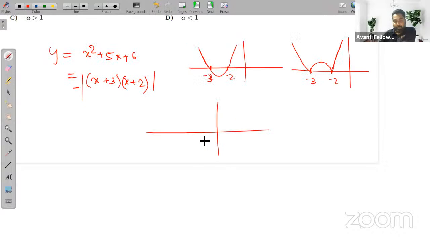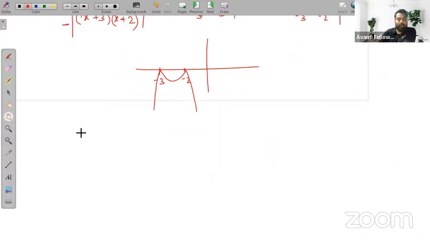Minus changes at minus 3, minus 2, then the graph will be like this. And when we add to these functions, suppose I'm doing here now, y is equal to 2 minus mod of x square plus 5x plus 6.